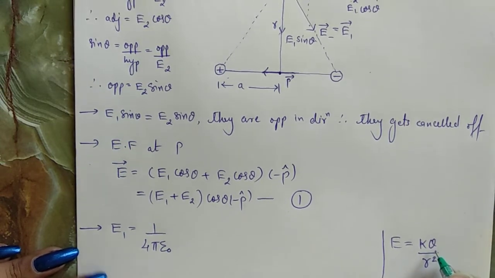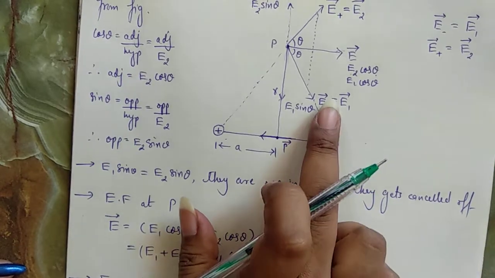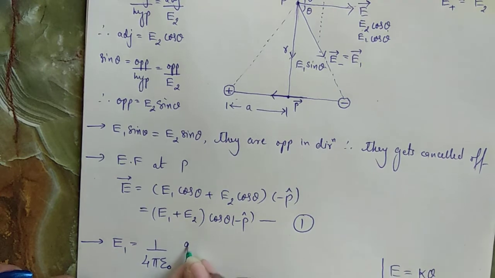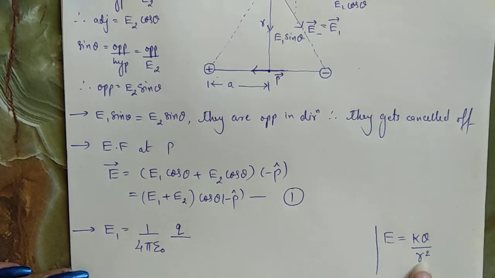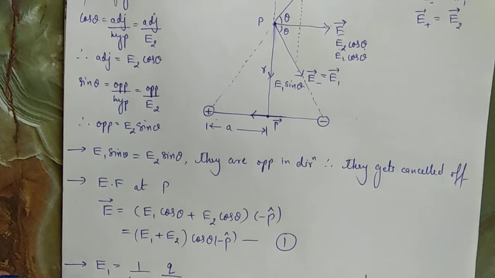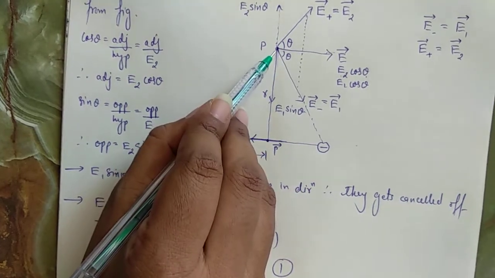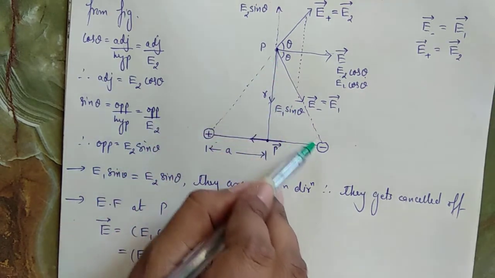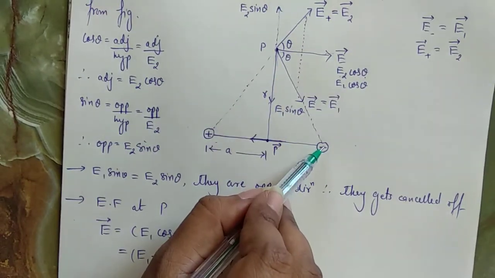Q is our source charge. So E1 is the electric field due to the negative charge Q. I won't be writing minus, I'll be writing the magnitude of the charge only. And this is the distance of the source charge from the point where we need to calculate electric field. We need to calculate electric field at this point, which is at this distance from our source charge.